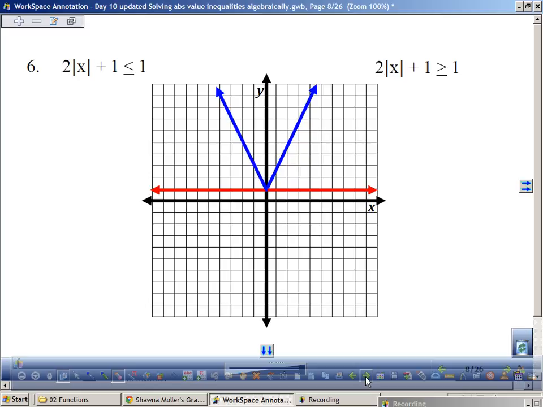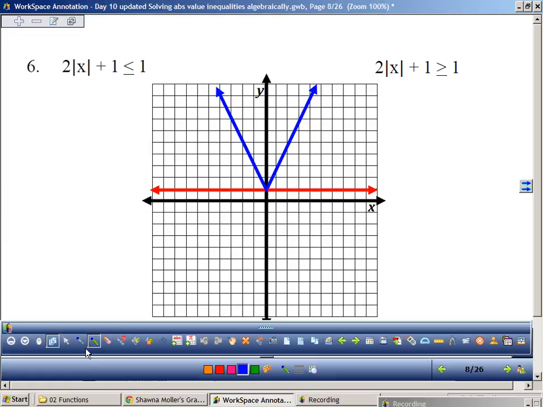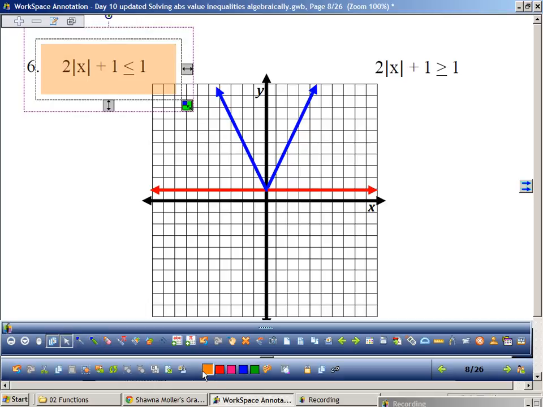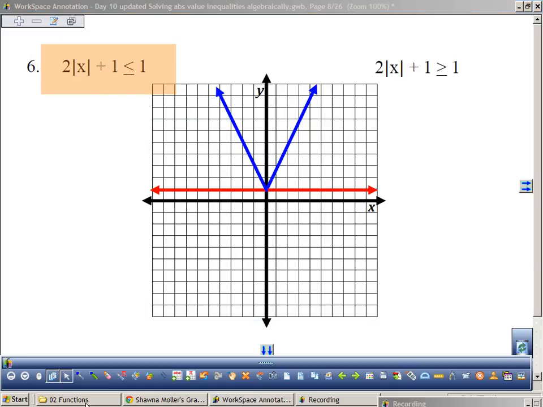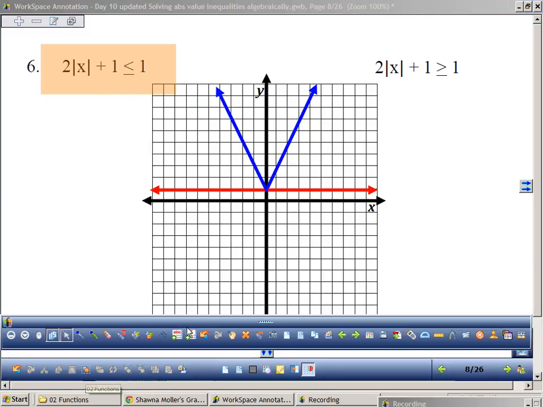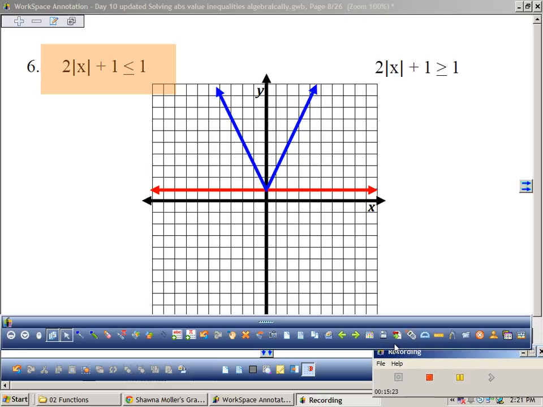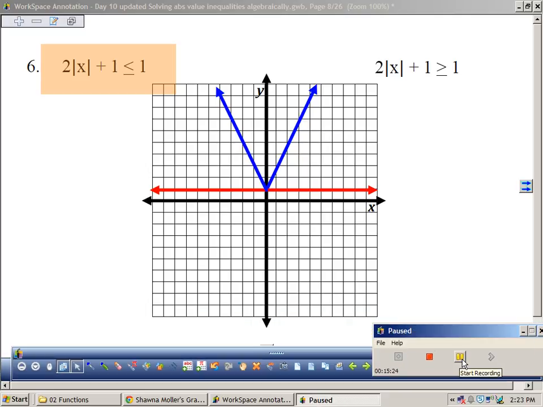Why don't you guys do number 6, this one, on your whiteboards for me, please? Only I'm going to change that to this. Do this one for me, please.